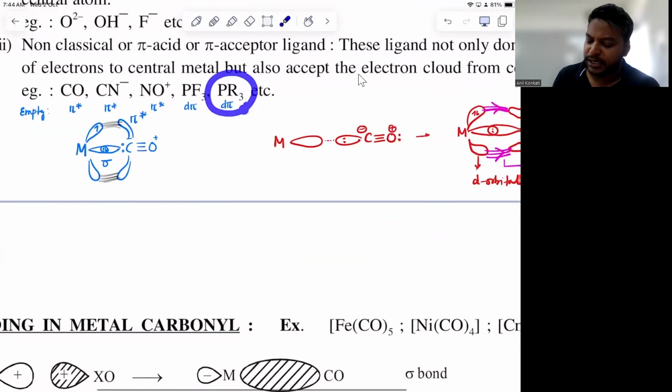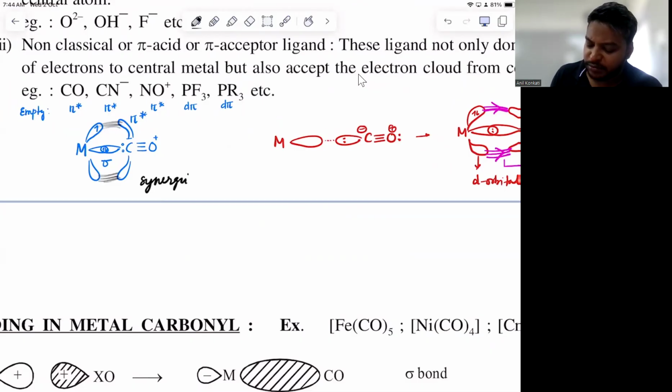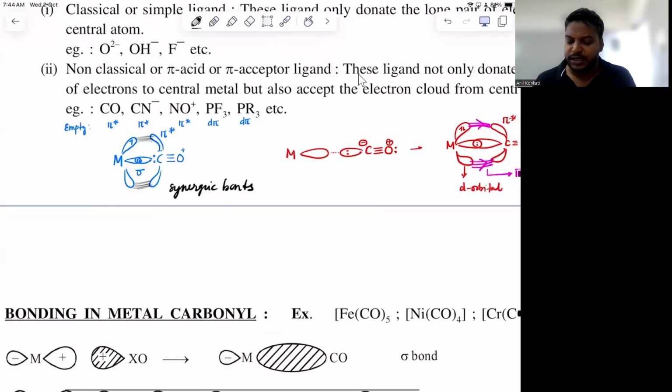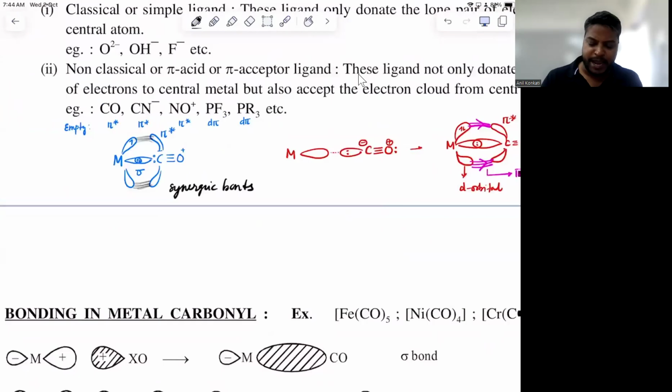In the case of PR3, it has empty d orbitals, so the electrons will be accommodated there. This kind of bonding is called synergic bonding. Those are our non-classical or pi acceptor ligands. Clear, guys?